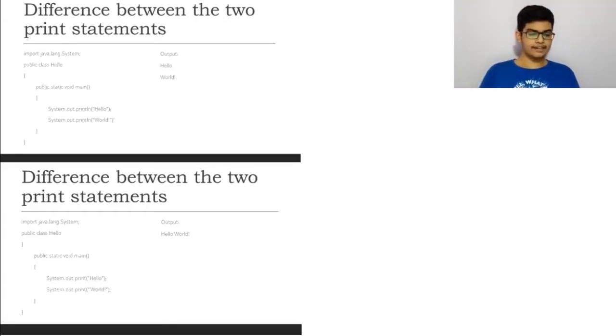When we compile and run both these programs, we can clearly observe the difference in the output. While the SOP statement has printed everything in one line, the SOPLN statement has changed the line after Hello and has printed World in the next line.